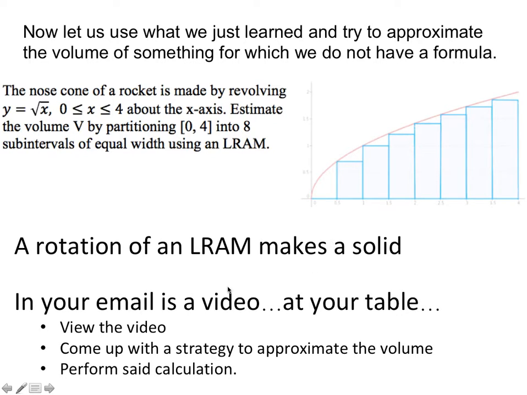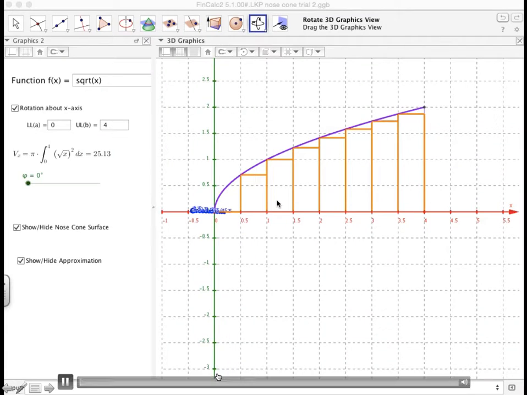And so in your email, I've emailed you a video of how we can rotate this and make this into a three-dimensional shape. And so I'm going to have you view the video and come up with a strategy to approximate the volume and perform that calculation.